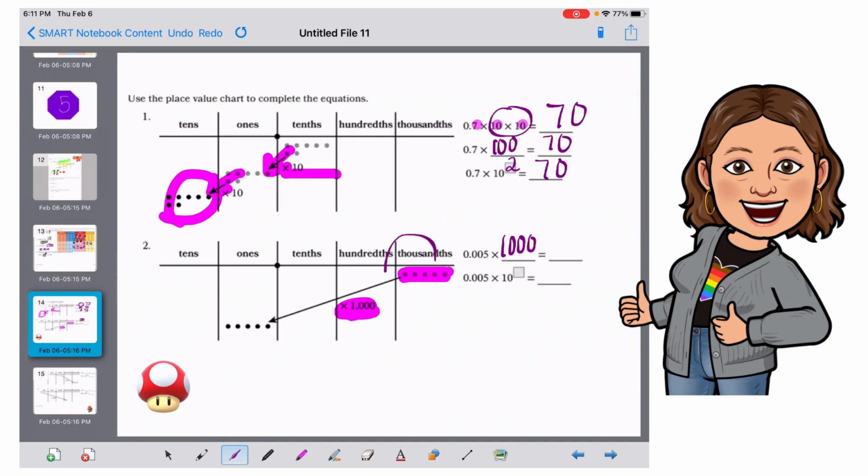Times 10, times 100, times 1,000. That moved all 5 of those into the ones. That is going to look like 5. I want to know how could I write that with an exponent? Well, 1, 2, 3. 10 to the 3rd power. Our answer is still 5.